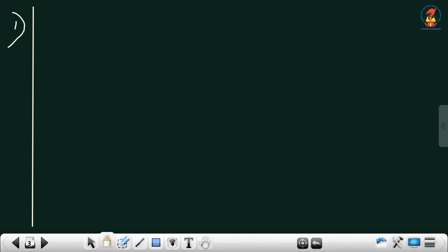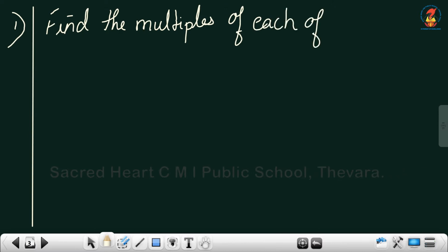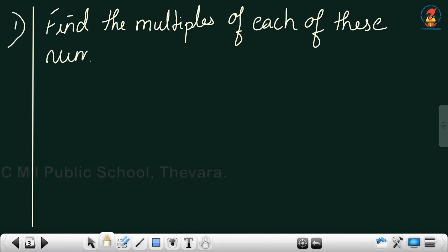Question: find the multiples of each of these numbers, and then find three common multiples.